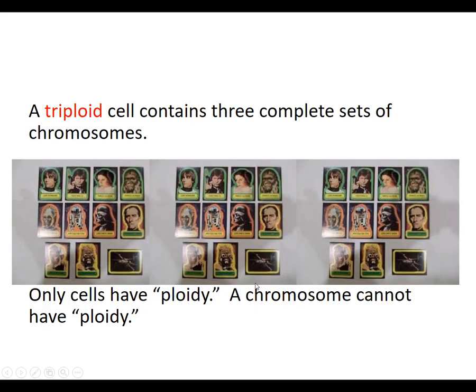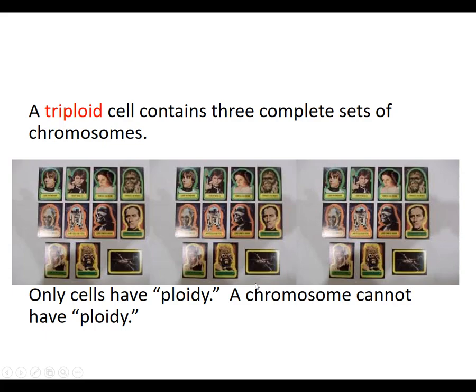And if you had a triploid cell, then that cell could contain 3 sets of chromosomes, and that's possible. It's not the most common thing in humans. It's not viable for an embryo to be triploid, but in some species it is viable. So you don't want to limit yourself when you're thinking about these things that it has to be a certain way.